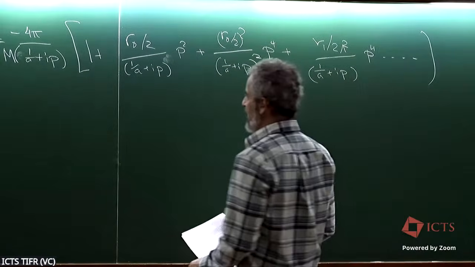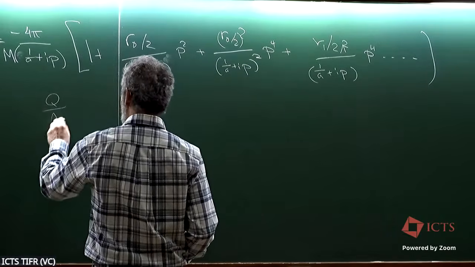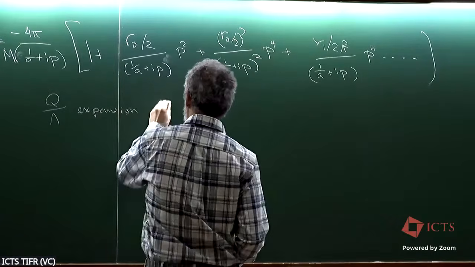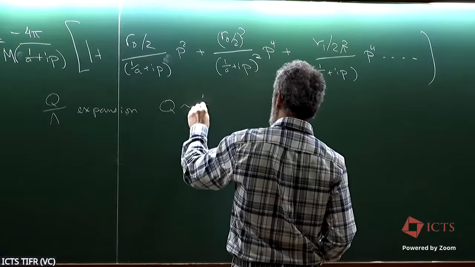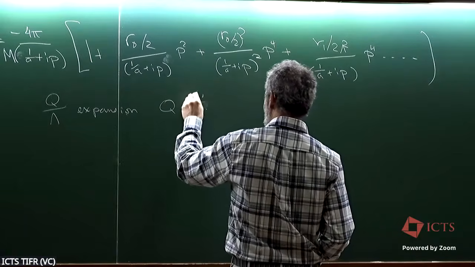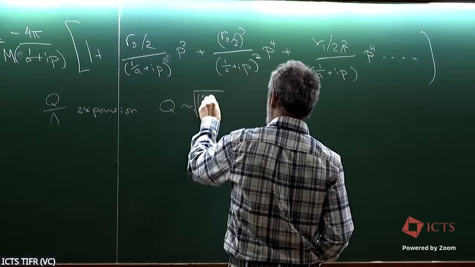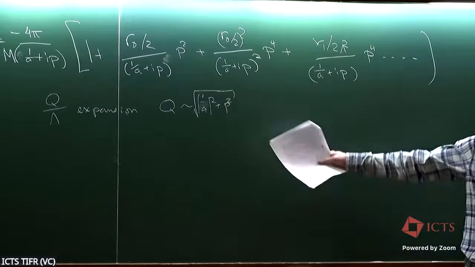Okay, so then the idea is that we'll do a Q over lambda expansion, where now Q is not P, but Q is 1 over A. Something like that. Scales like that. I don't mean it's exactly that number.